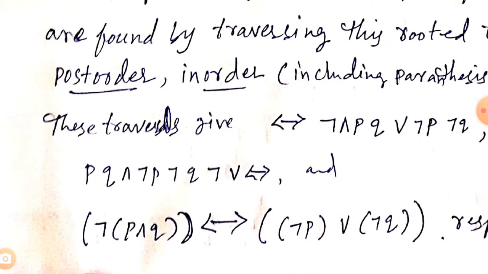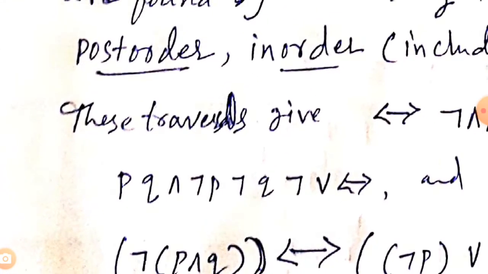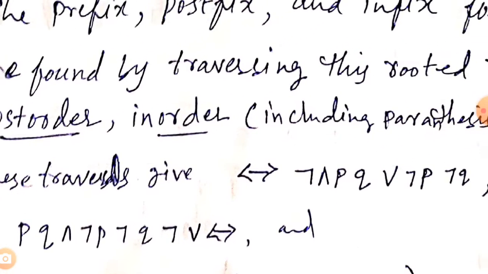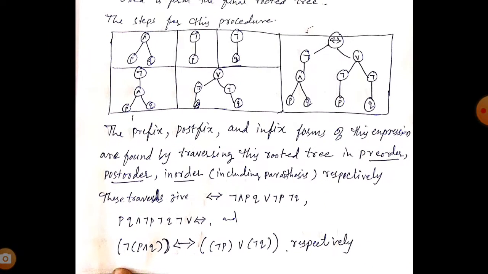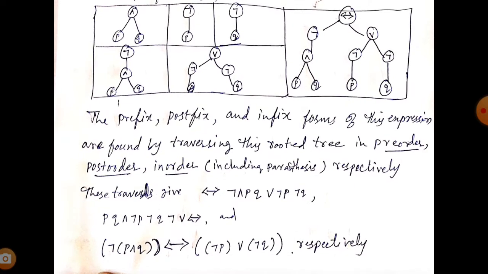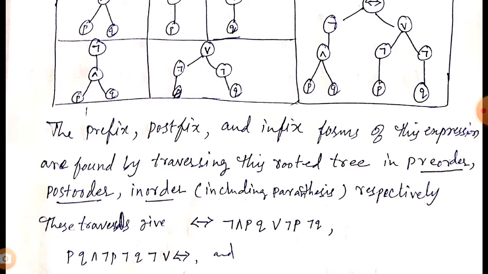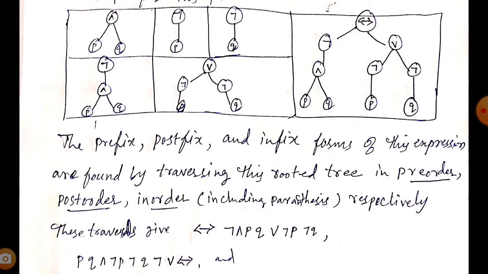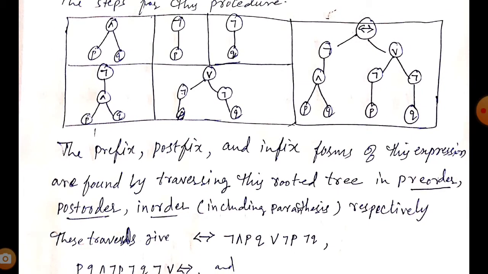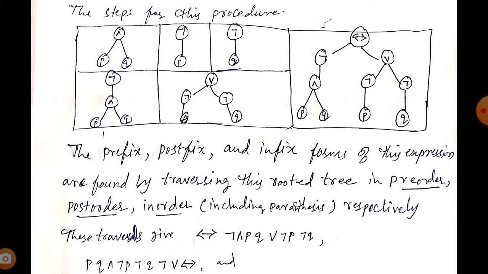Then this expression is the post-order expression. So observe from the tree. Post-order means you have to visit the root at the last, after that you have to visit the subtrees from left to right. In the bottom, the postfix format is there. Now from the tree, how will we get this? Root is last.